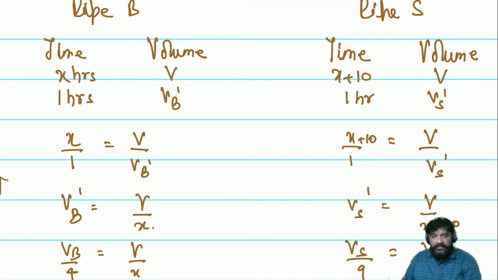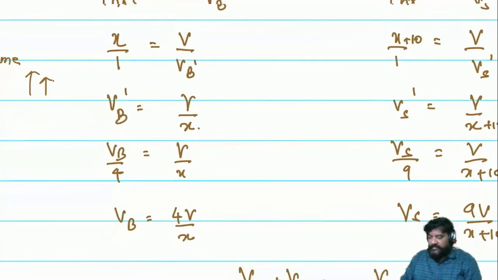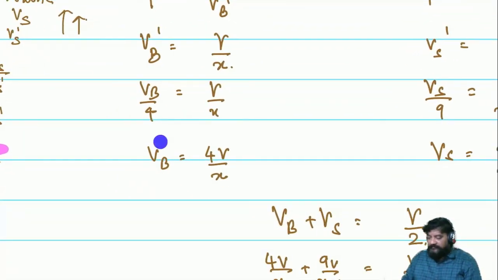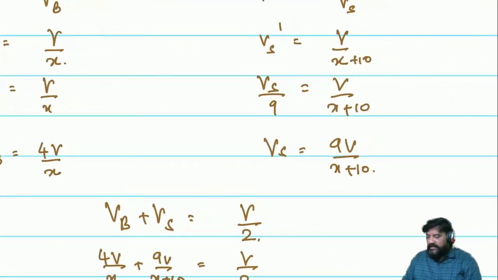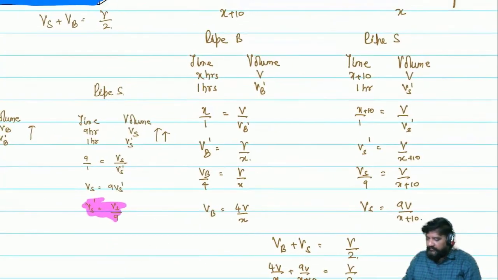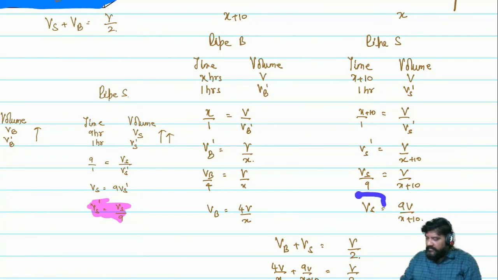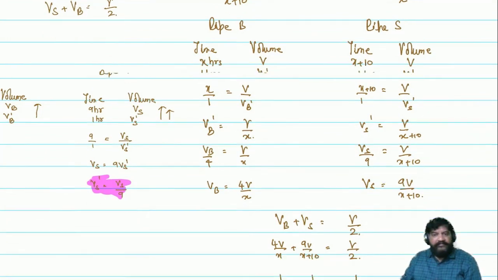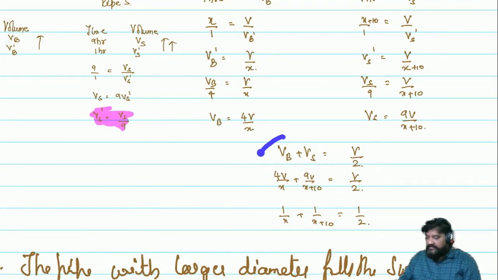And here we have X hours taken to fill the entire swimming pool. And in 1 hour, VB is the volume of water filled by the pipe. From that, I know that VB is equal to 4V by X. Similarly, I get VS as equal to 9V by X plus 10. I know that both the volumes put together is half the volume of the swimming pool, and from there I get my equation.